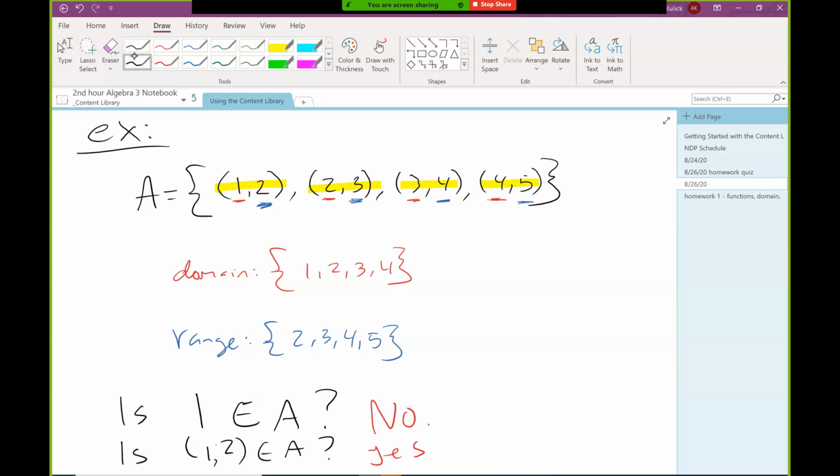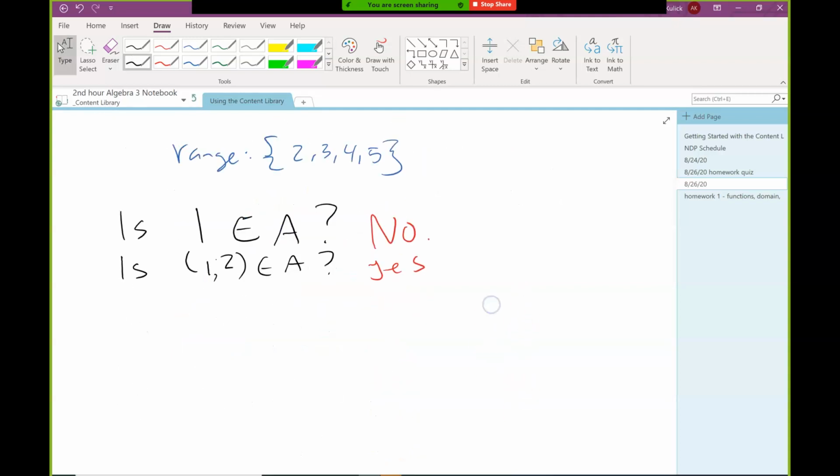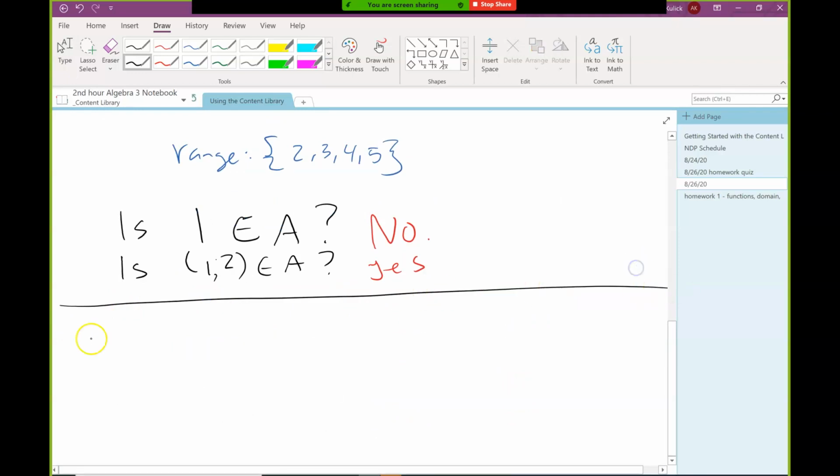So far, so good. So again, nothing tricky, no calculation involved, just some definitions, right? A little bit of notation and how we represent things. In this class, we're going to talk about 4 different ways to represent a relation.